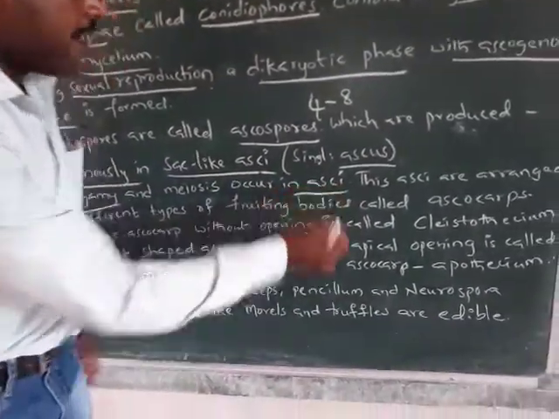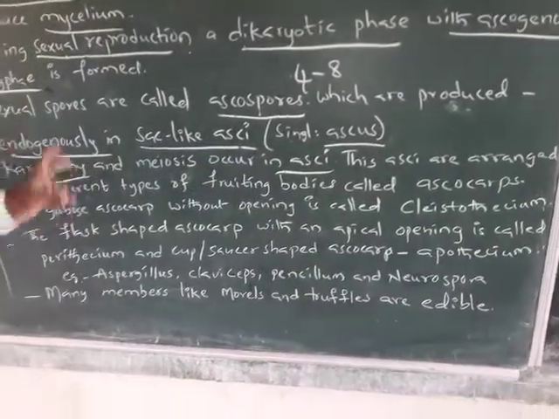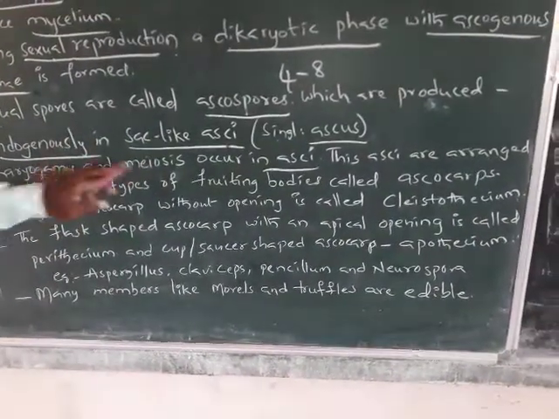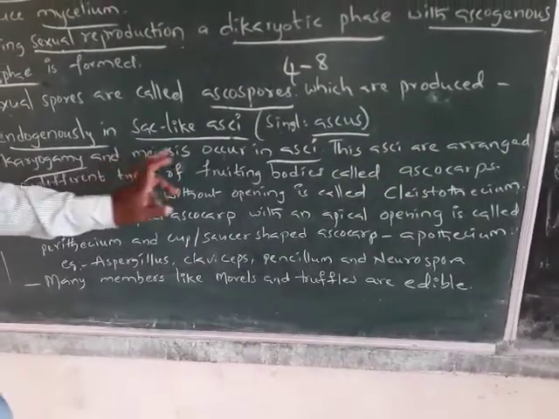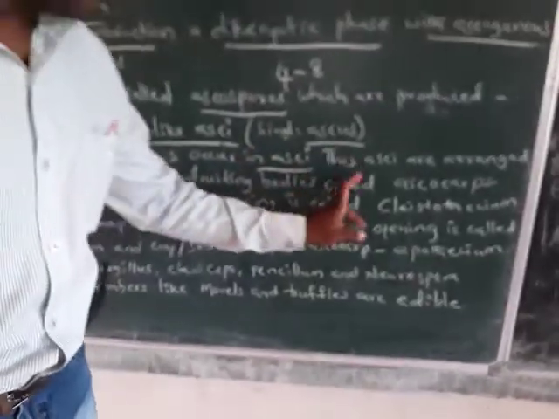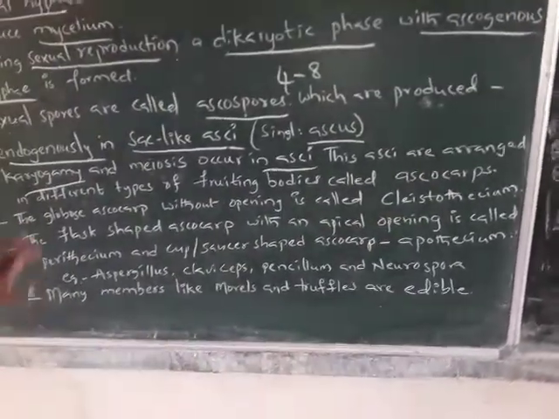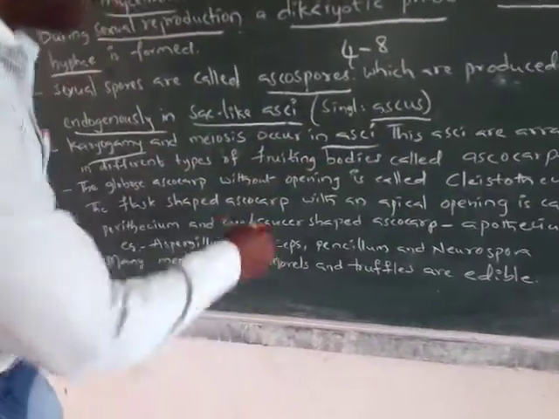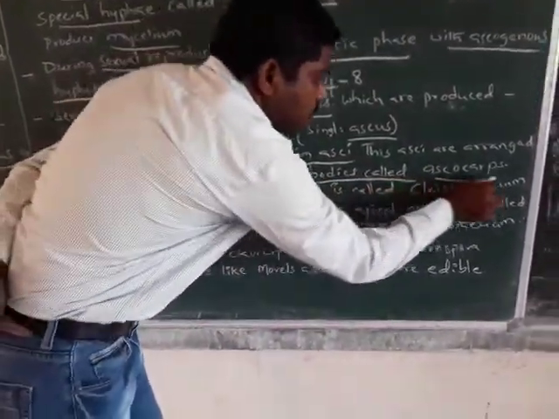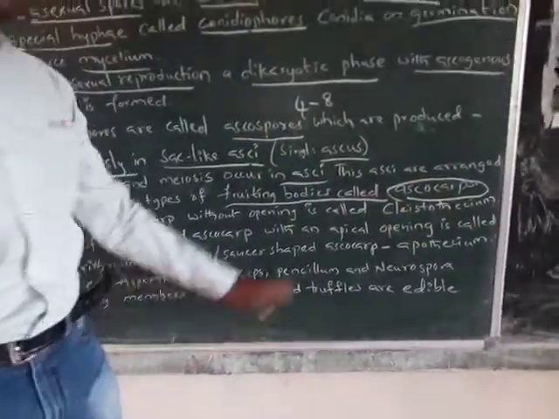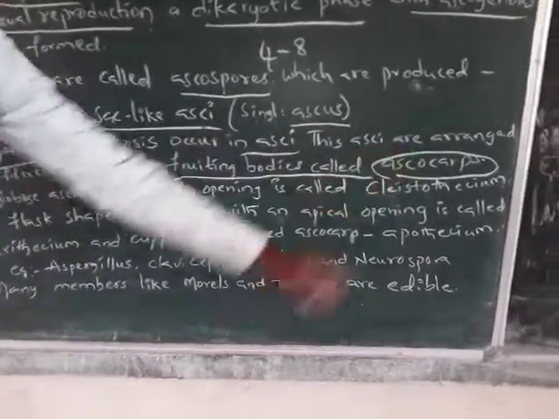Meiosis means it produces the haploid spores. These asci are arranged in different types of fruiting bodies called ascocarps.